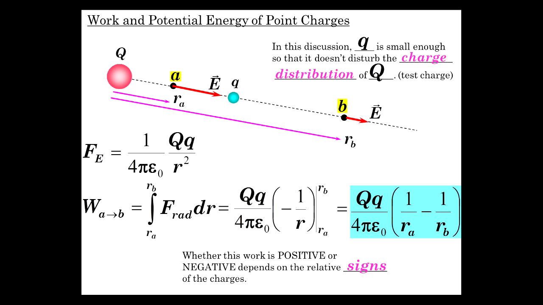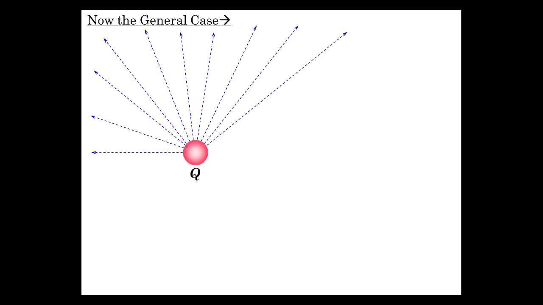Now let's consider the general case for point charges. In general, we have our point charge big Q producing a diverging electric field in three-dimensional space, and we're going to put little q in that field somewhere. It's got some radius r and there's a force F acting radially out from big Q on little q.